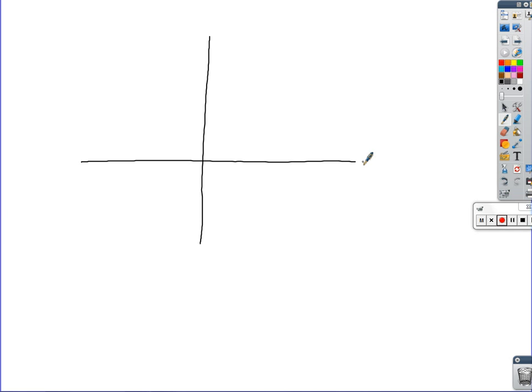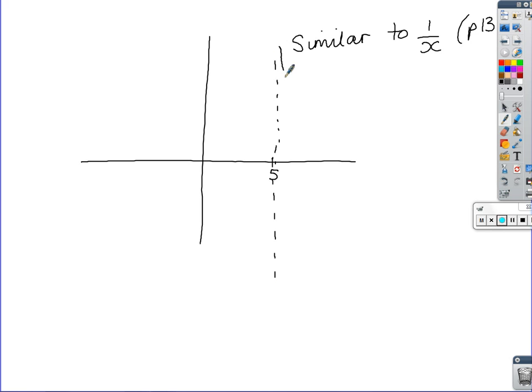The graph looks similar to the picture of 1 over x on page 13, except the asymptote we'll put in where x equals 5 here. We can make a dotted line up and down to represent the asymptote in the shape of the graph, similar to 1 over x.